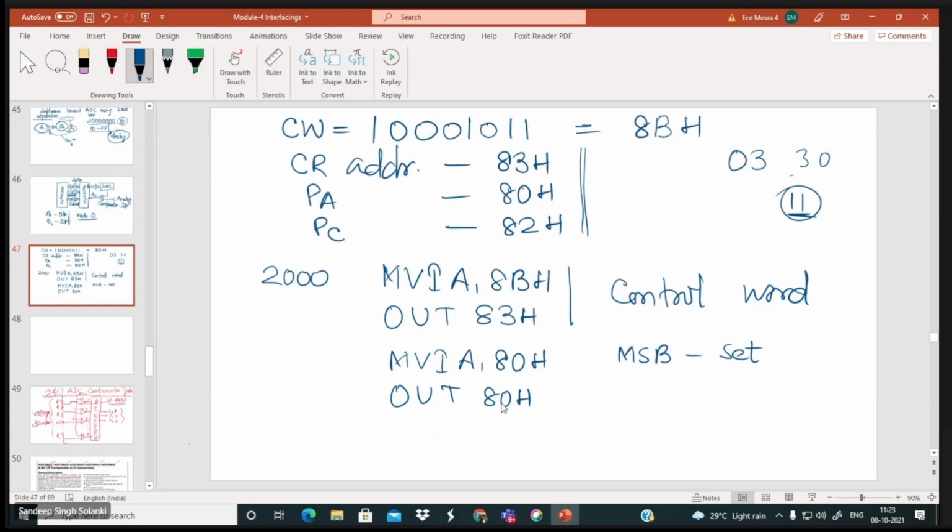and after that I will do what? In port C, correct, na? Sir, in port, MVI A 80H is the reference value that we are giving for the comparator? Yes. Okay.